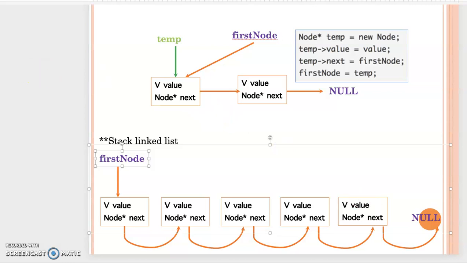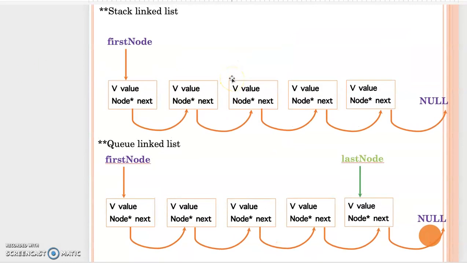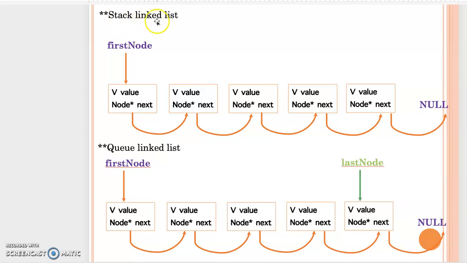That's why last week, when we had our stack linked list, it looked like this. Now when we update this to become a queue linked list, we need to consider how we should use this first node, and we also need to add another pointer to the last node. Now this last node and first node definition is really the same as what they really mean now, okay?